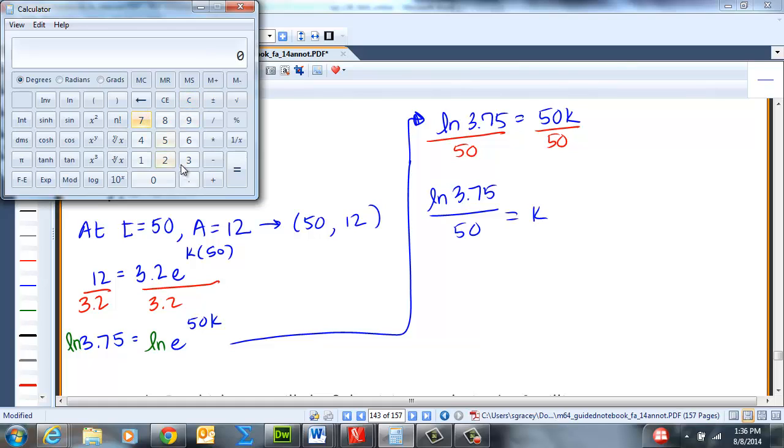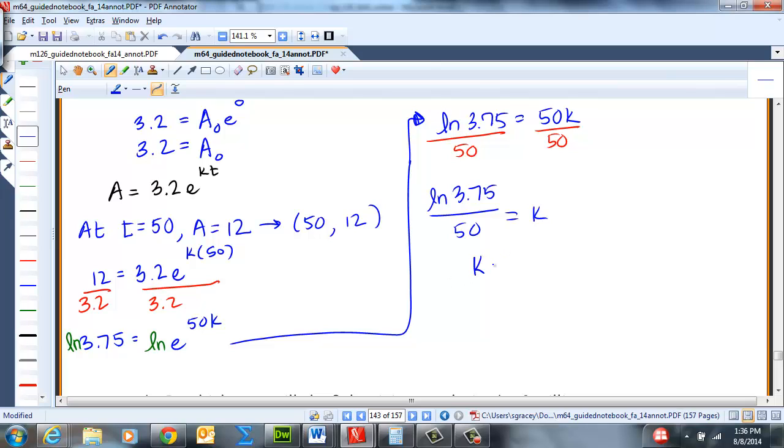We have 3.75. I need to natural log that. And then I'm dividing this guy by 50. So we have a growth rate of approximately, let's go maybe 0.0264.